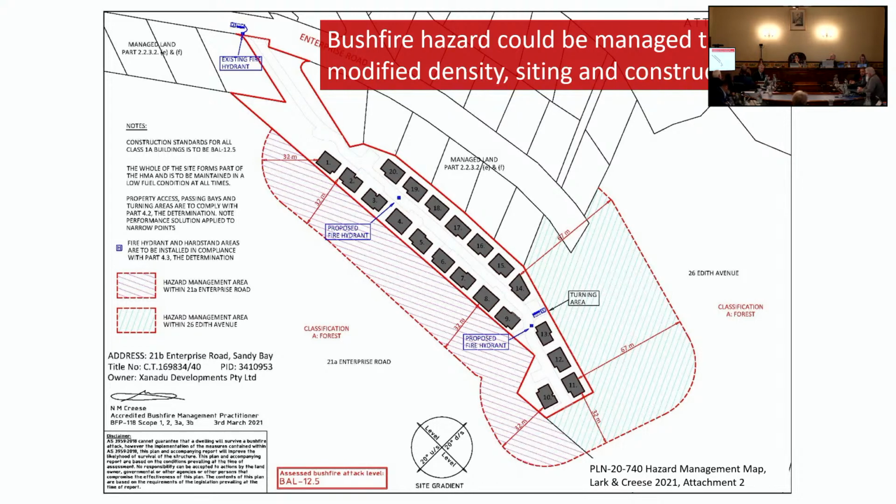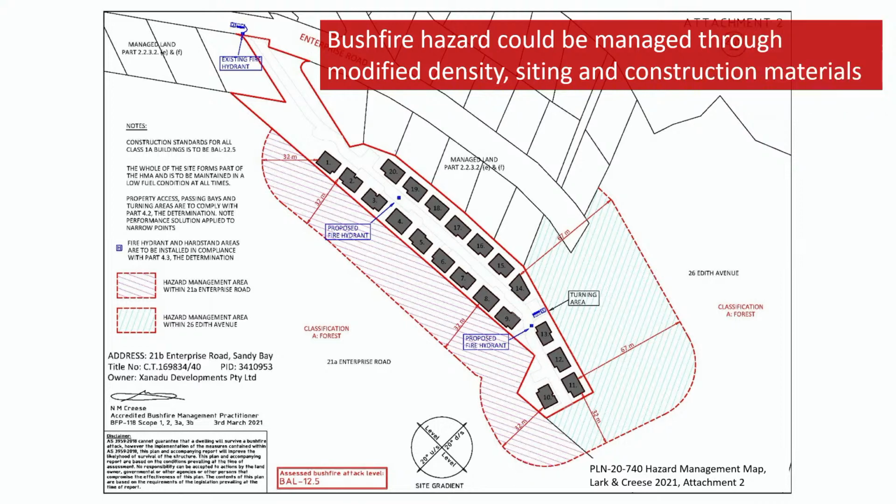They're only 1.5 metres away. Those 3 choices, the BAL 12.5 and the density and the siting together require that wide zone of clearing. And it's important to emphasise that this impact is outside the development site, well beyond the development site.